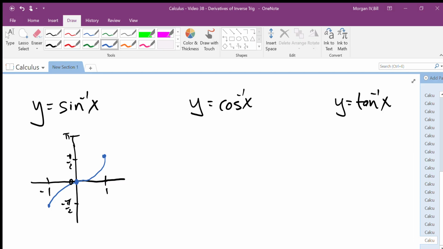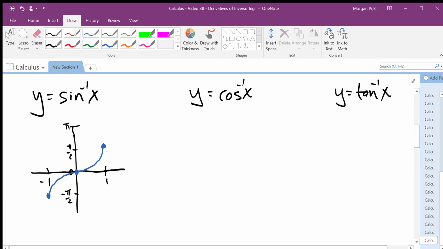That way it's a function. It passes the vertical line test: only one y value for every x value. All right, so that is what the inverse sine of x looks like. Notice the domain goes from -1 to 1. The range is negative pi over 2 to pi over 2.